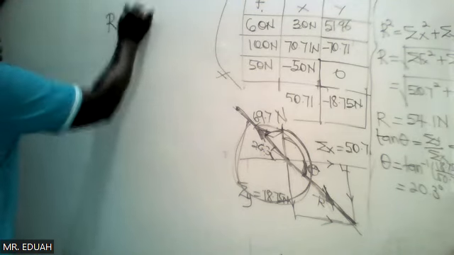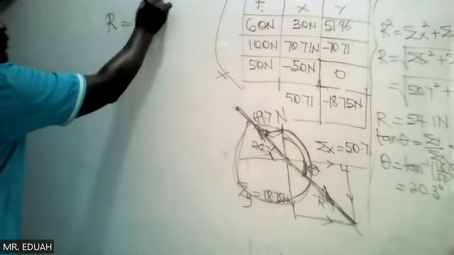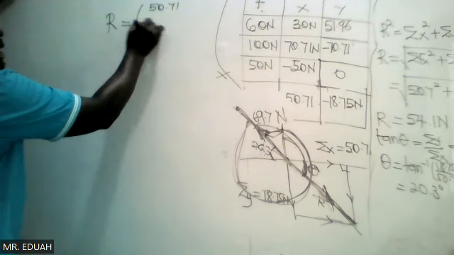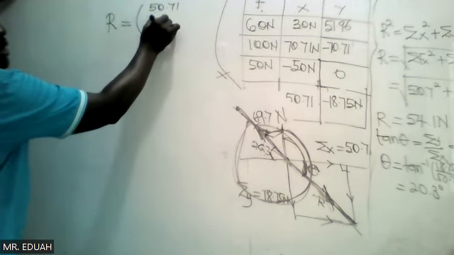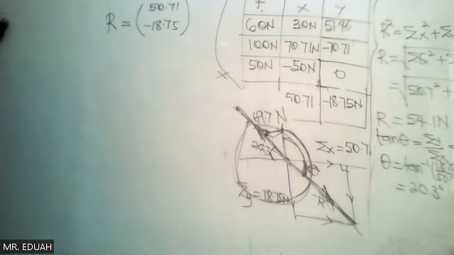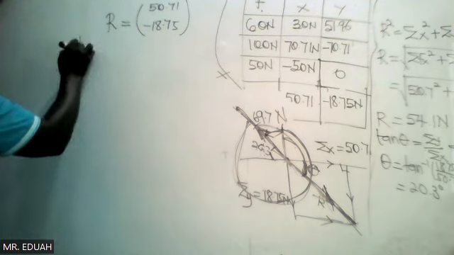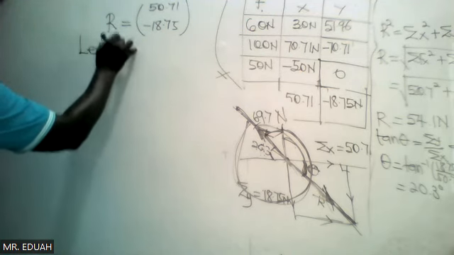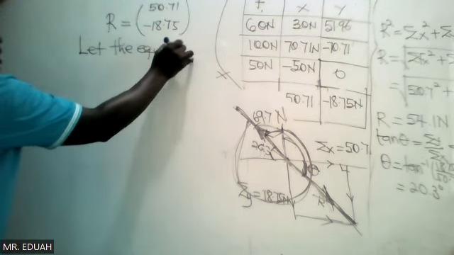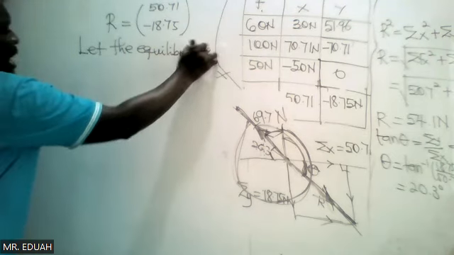We've got the components to be 50.71 and minus 18.75, the X and Y components. Now, let the equilibrant be maybe R prime.